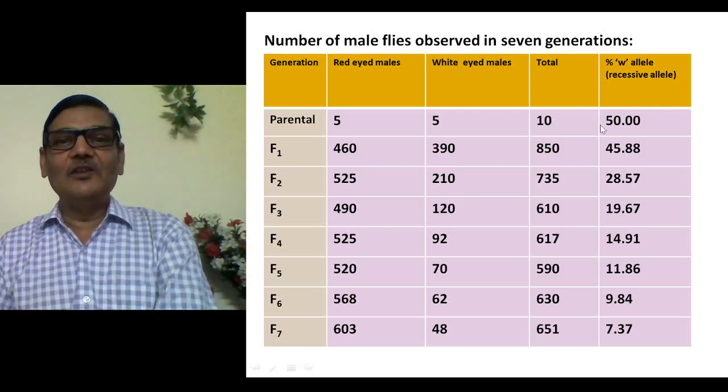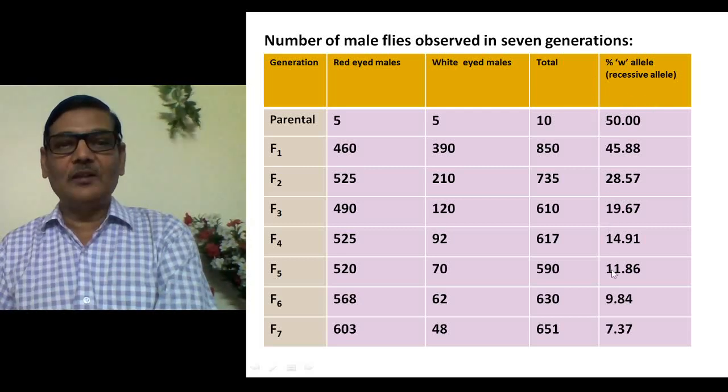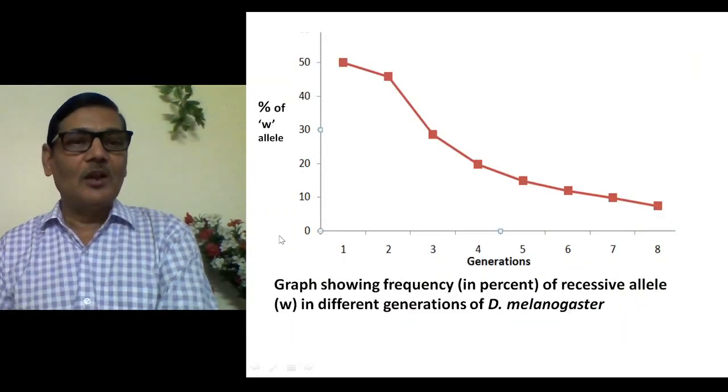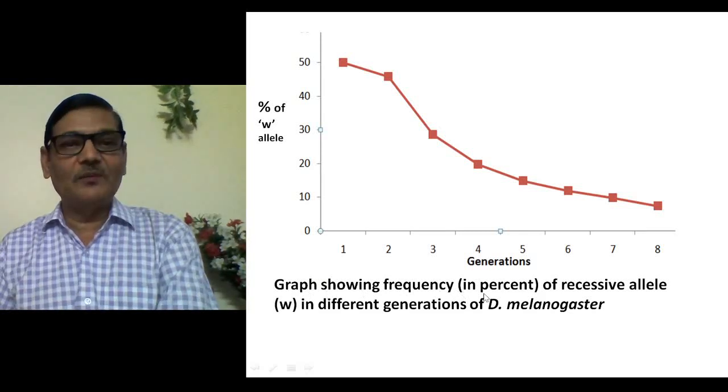Based on the data of this W allele, you can make a graph. This graph shows the frequency of the recessive allele in the different generations of Drosophila melanogaster, and this frequency is shown in percentage.